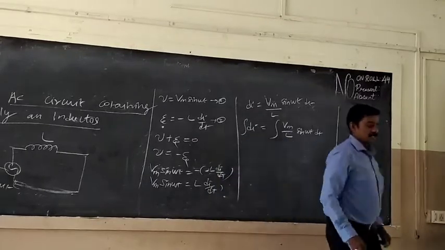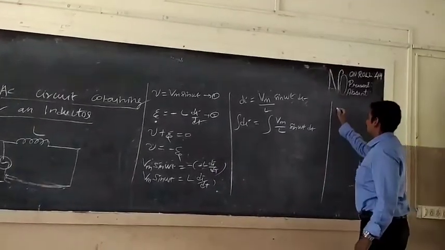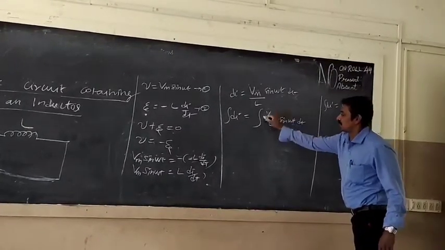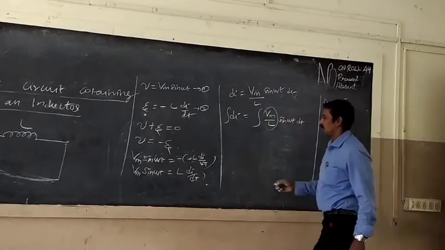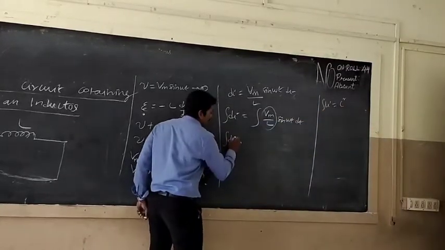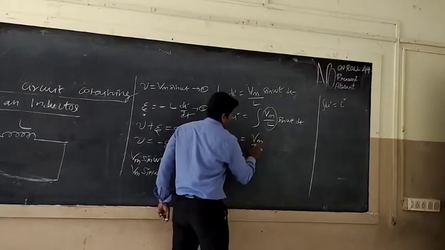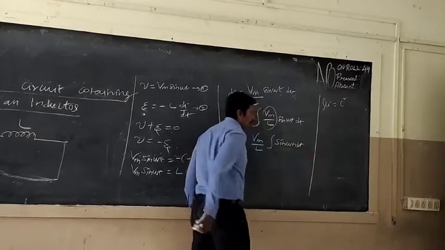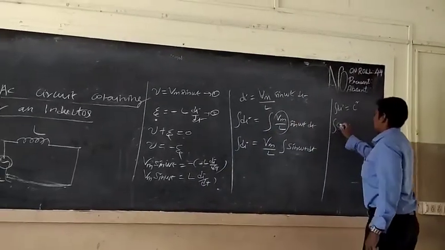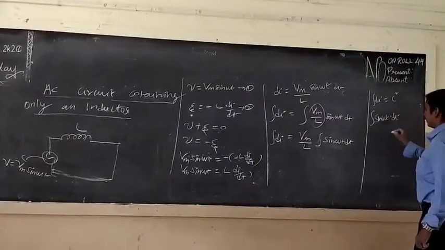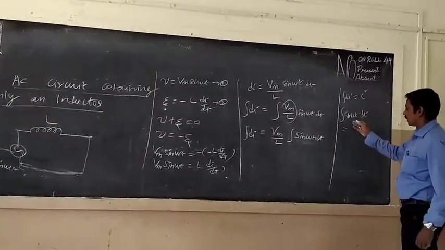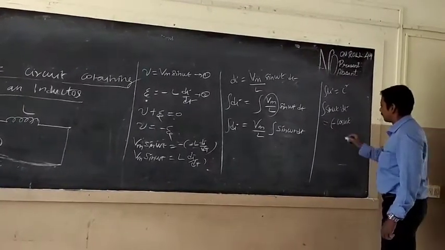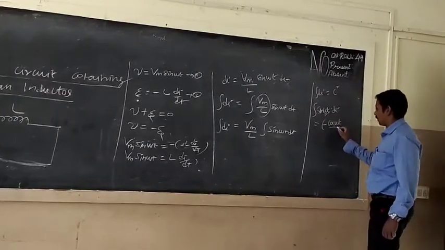Now let's see, that is rough work. Integration of di is equal to I. Vm by L is constant, so we should take it out. That is integration of di is equal to Vm by L integration of sin omega t into dt. The integral of sin omega t dt is minus cos omega t by omega.